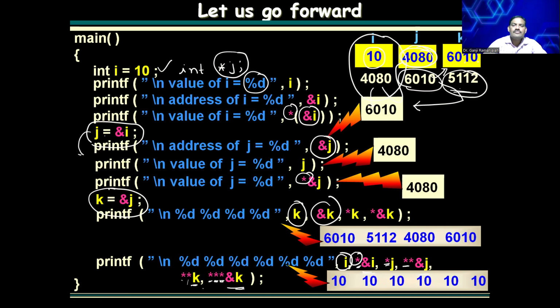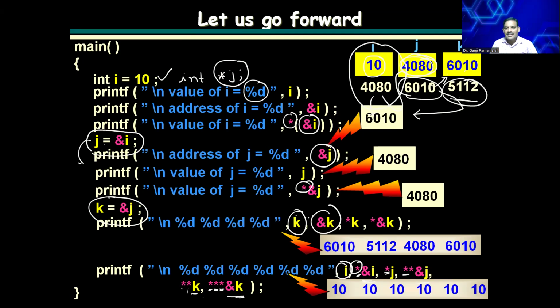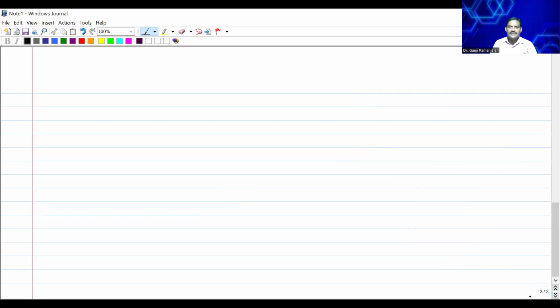Once again, I am giving you clear information in terms of variables and pointers. Let us go through one example first. I want to find the addition of two numbers. Normal addition of two numbers. Let us see how.